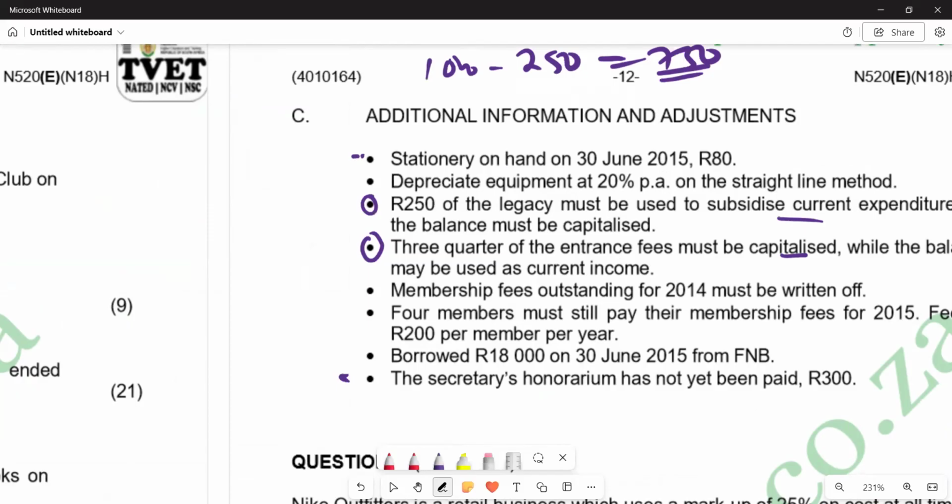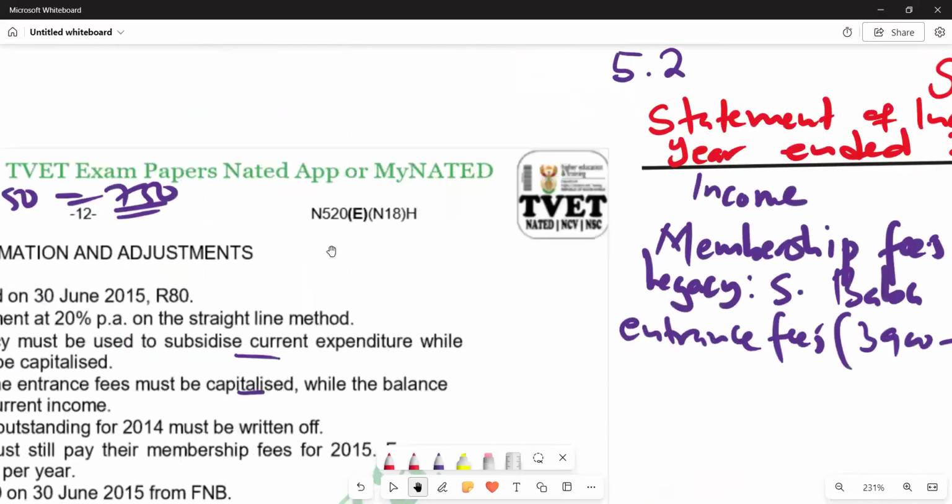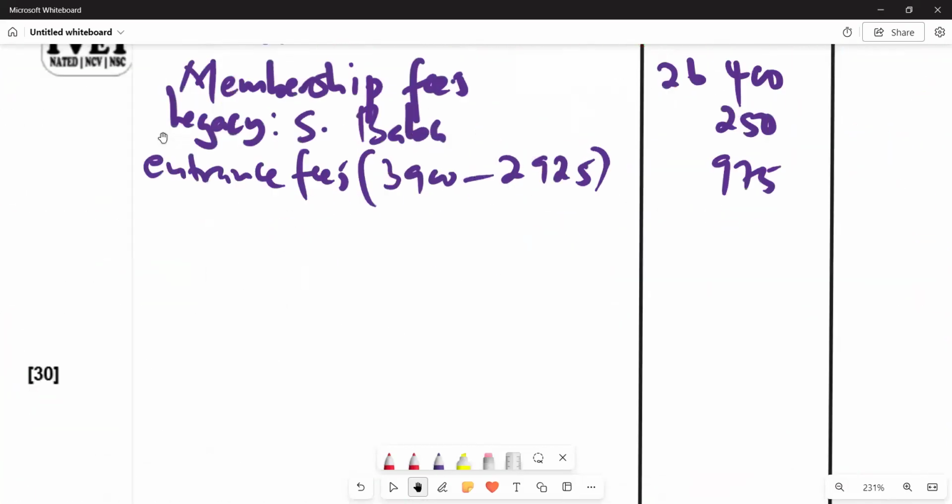So we can just take the 8,050 that we are given in the receipts and payments account. So we come here and we are saying gate takings, and we've got 8,050. So this is what we have in terms of our gate takings.